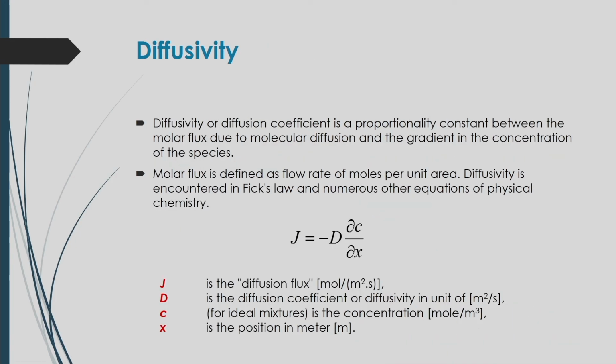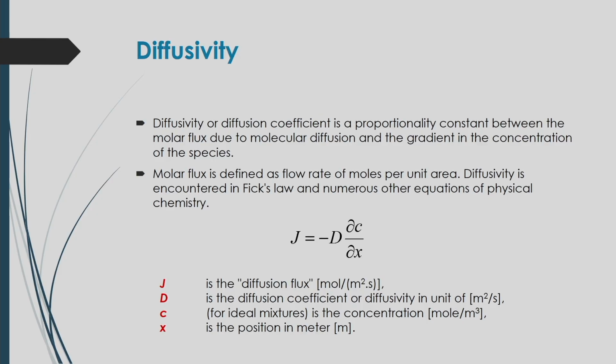Similarly, other parameters like diffusivity are also important. This is how materials diffuse through other materials, like diffusion of a gas through a mixture of gases, and the degree of diffusivity of the gases can be assessed by the diffusion coefficient, or simply diffusivity.